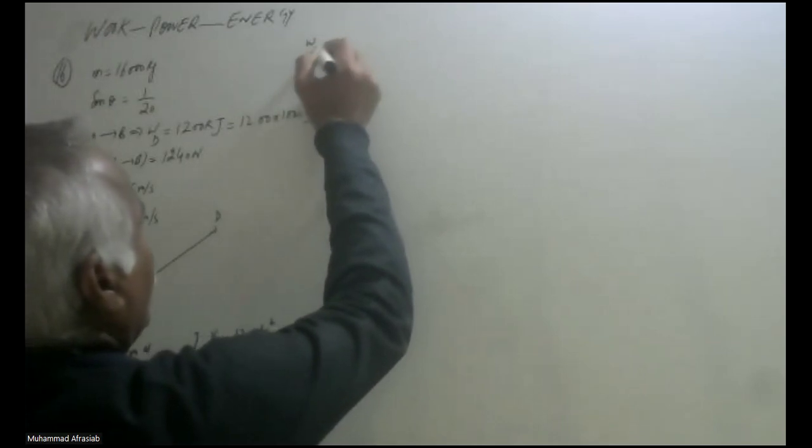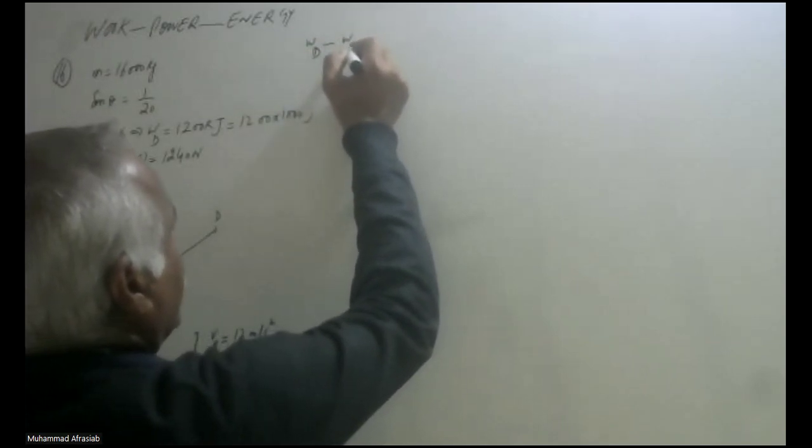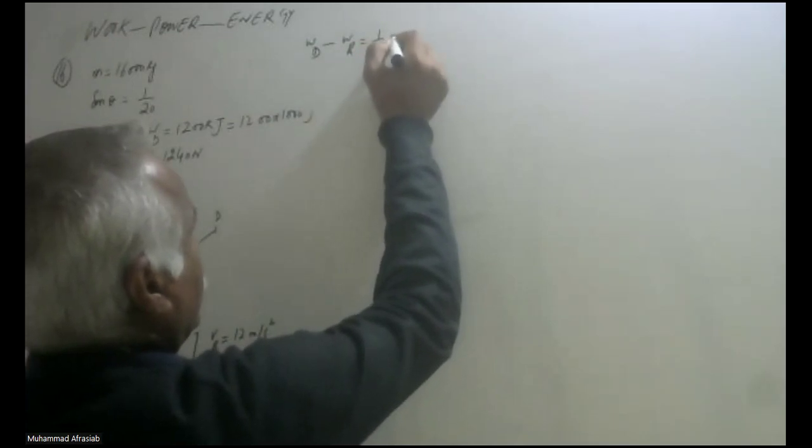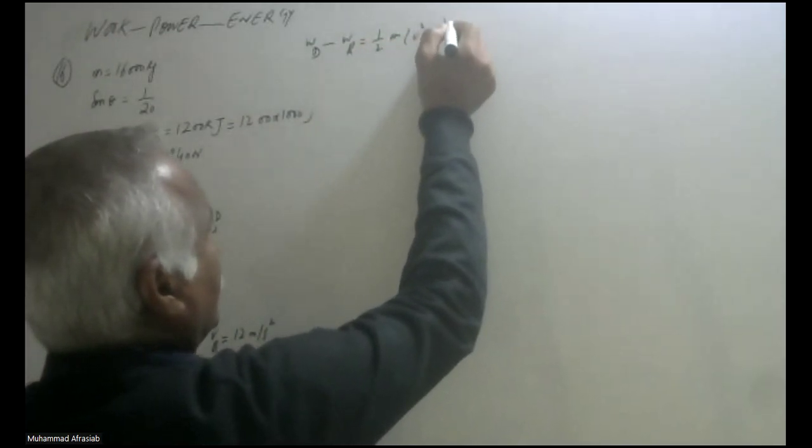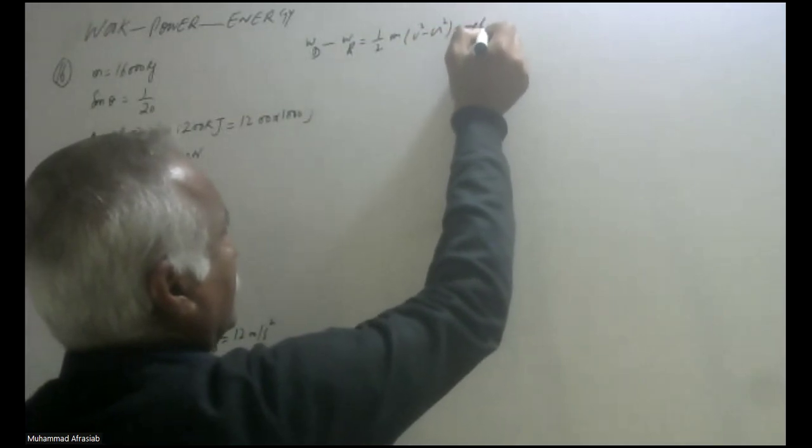So we are again going to apply the rule first: work done by the driving force minus work done by the resistive force is equal to the change in kinetic energy of the system plus the potential energy of the system. We can have another method, but we will first use this one, and you will find the distance from B to C. The total distance from B to D we have already calculated as 300 meters in the last part.